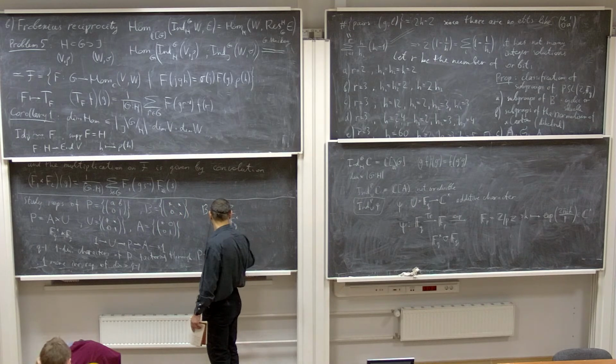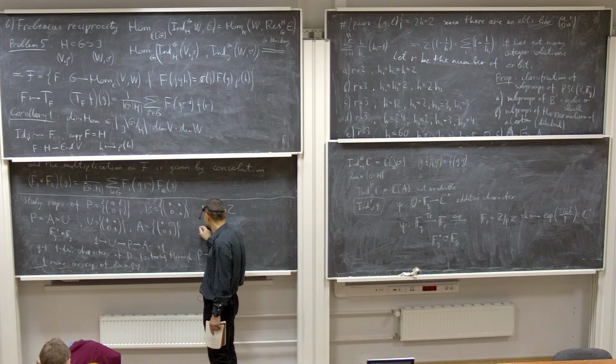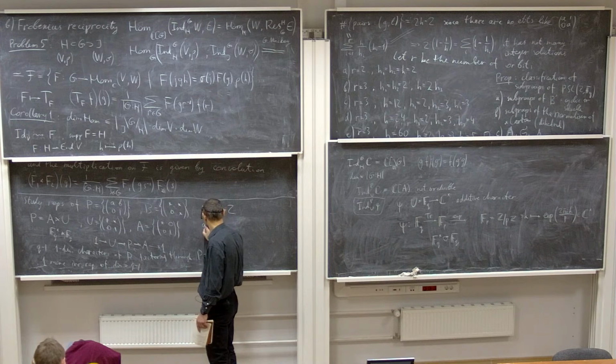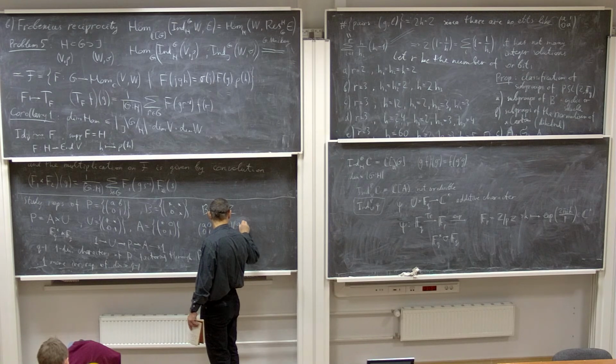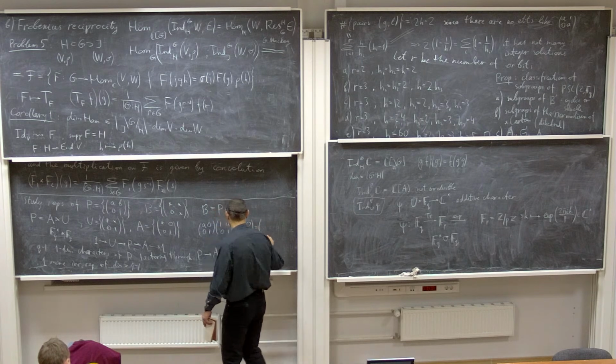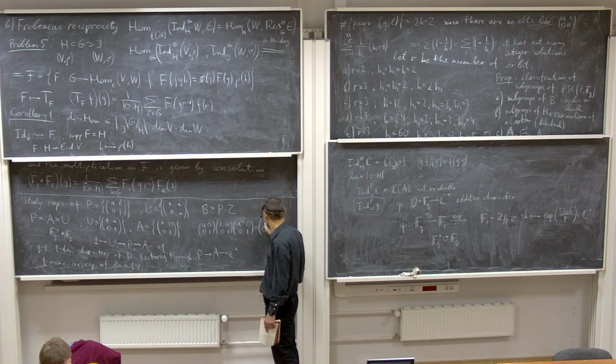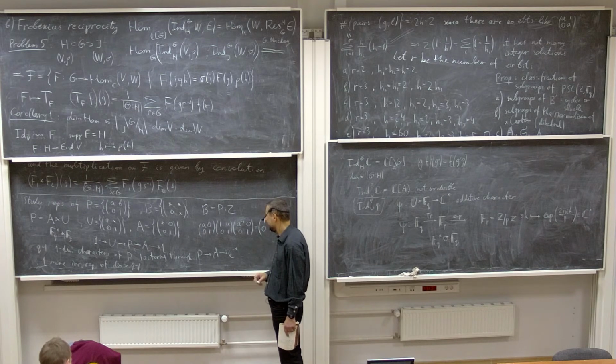So if you take (a 0; 0 1), then (1 u; 0 1), then (a inverse 0; 0 1), what do you get?